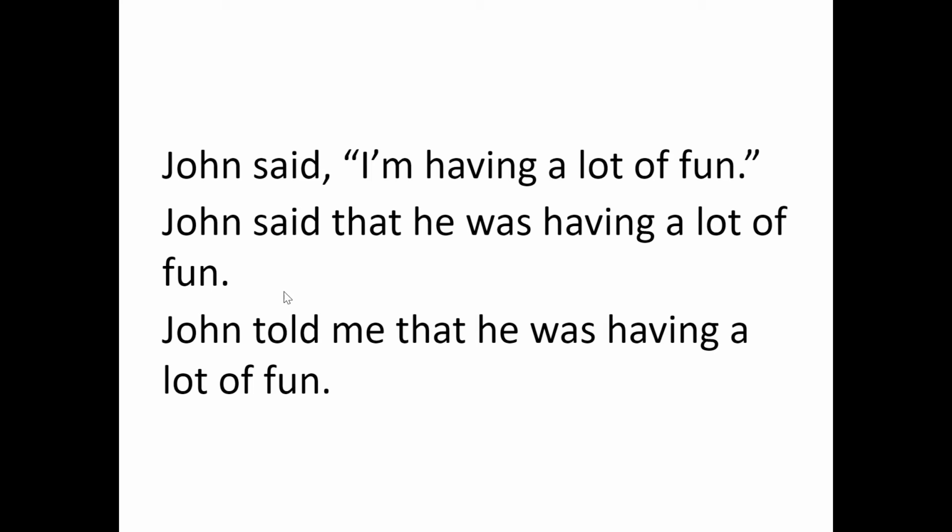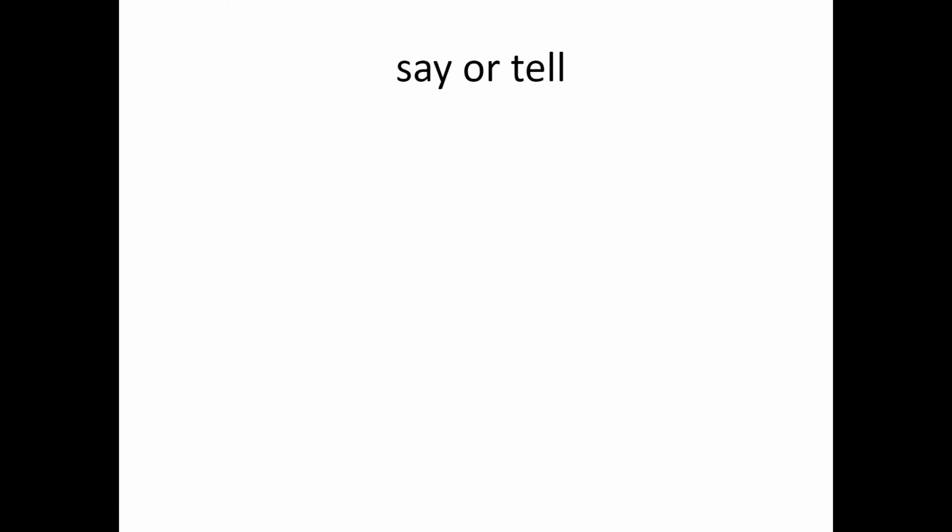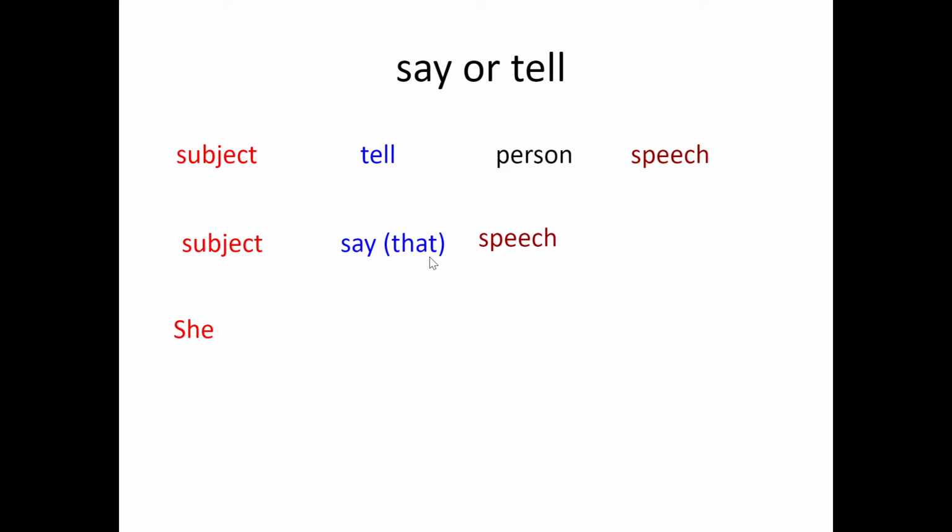So say and tell are the most common verbs for reporting speech. And the grammar is slightly different. With tell, we would have the subject plus tell, plus the person being told, and then the speech. Where with say, we would have the subject, with say, possibly with that, the that is optional, and then the speech.